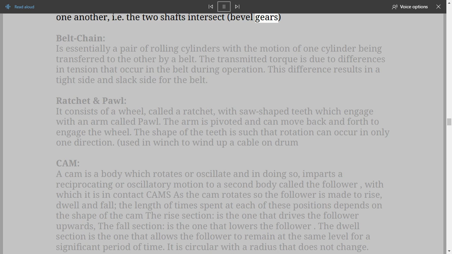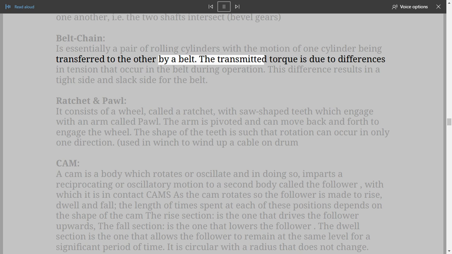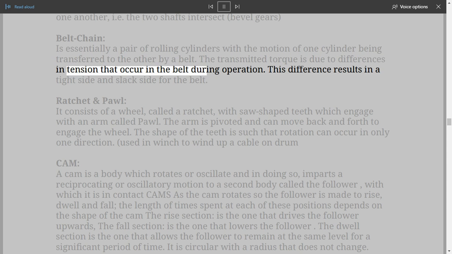Bevel gears. Belt chain is essentially a pair of rolling cylinders with the motion of one cylinder being transferred to the other by a belt. The transmitted torque is due to differences in tension that occur in the belt during operation. This difference results in a tight side and slack side for the belt.